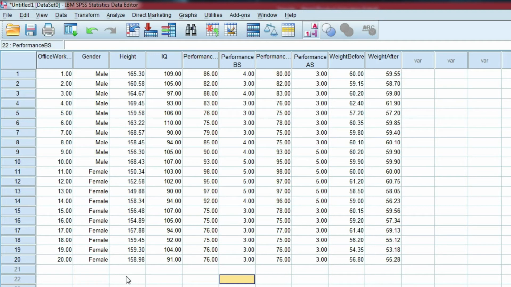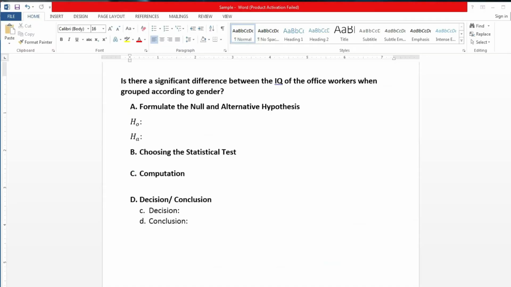We have here the same data as what we used in the previous videos, but this time we are going to have two sample means for two independent data. Is there a significant difference between the IQ of the office workers when grouped according to gender? So we have two groups of office workers, the male group and the female group.